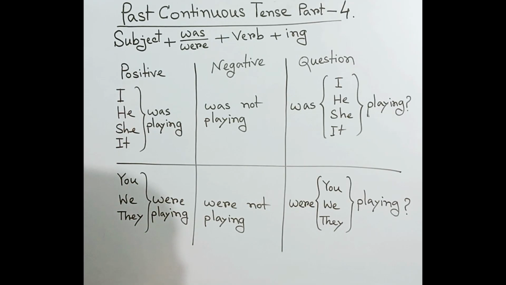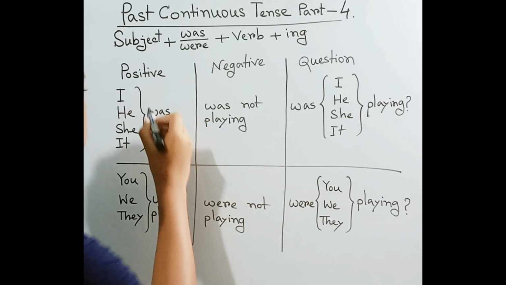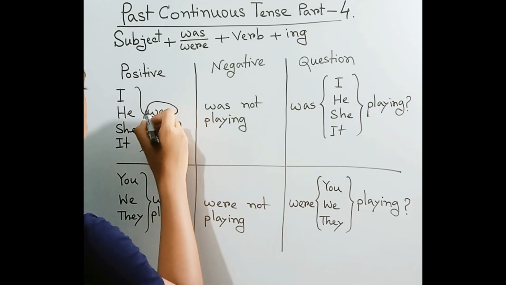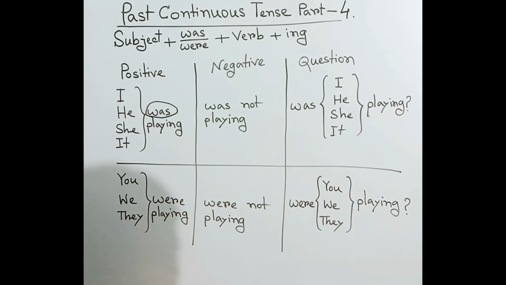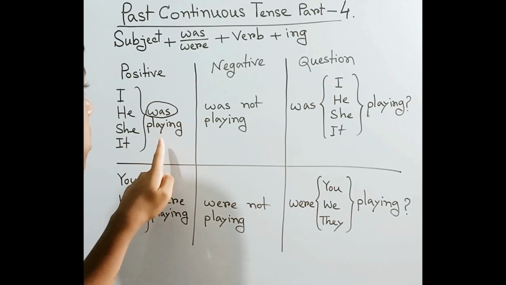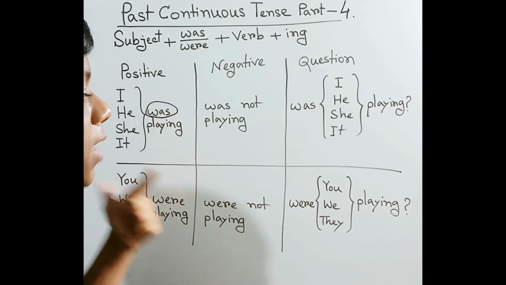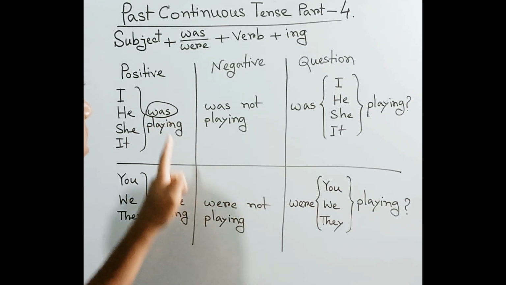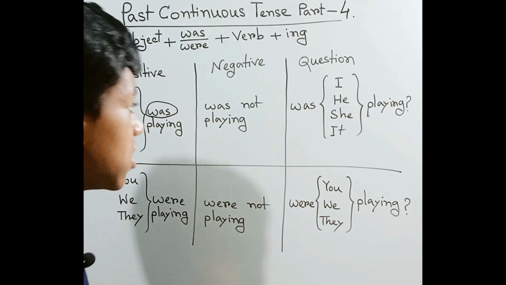What should we generally do during the positive? With I, and with the third person singular, we generally use was. Then we put the verb, then we add the ing.